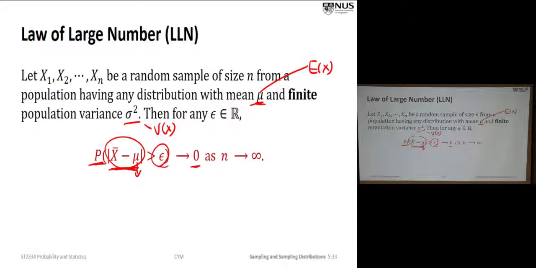So if you take a fixed n, I calculate the probability of how likely it is that this difference is bigger than epsilon. Epsilon can be any number. 1? I don't like 1, too big. 0.1, still too big.